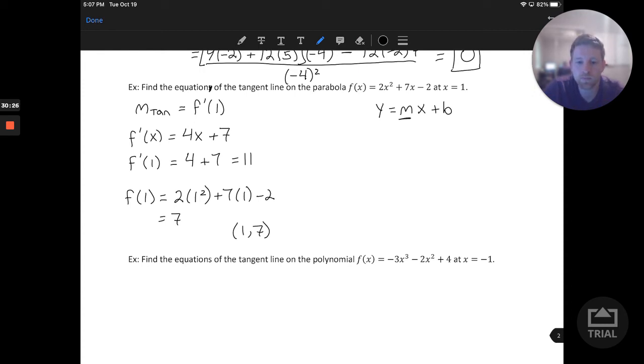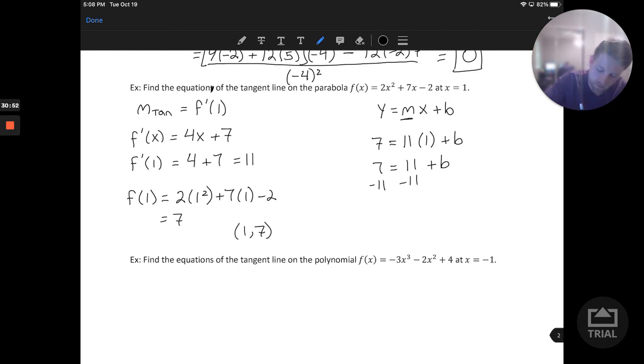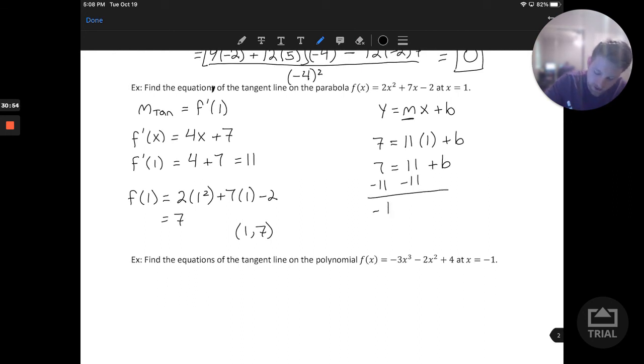So let's consider putting that together. We have a tangent line slope of 11, point at 1, 7. So we can build our line with our slope and our point to find our intercept. And it looks like the only value we are going to need for b, if we subtract 11 on both sides, is -4 equal to b.